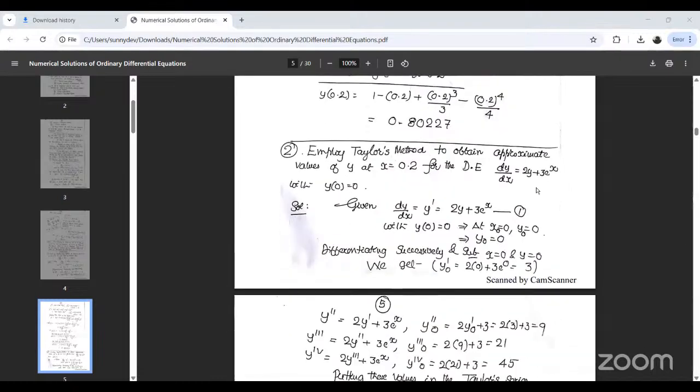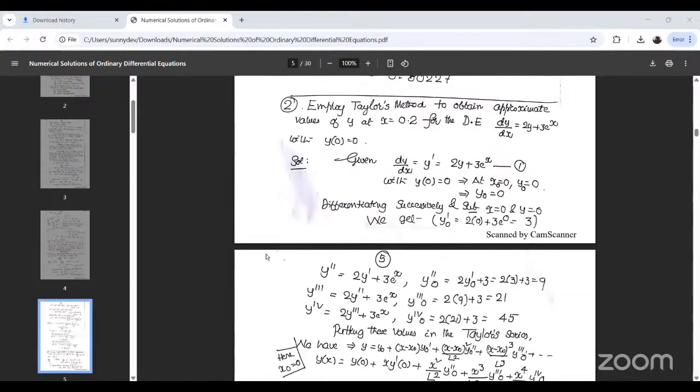Now we'll do the second problem. y dash plus 2y plus 2 e power of 3x.